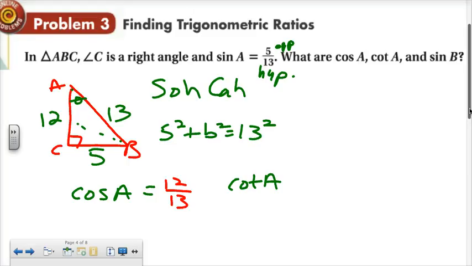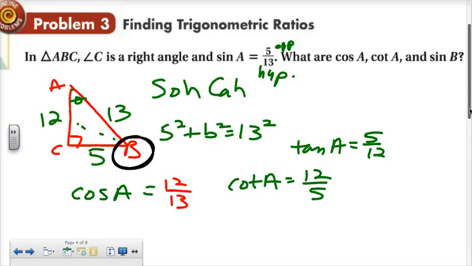So the tangent of A is opposite over adjacent, and that will be 5/12. So the cotangent is going to be 12/5. And then they want the sine of B. So now I need to switch position here and think about B as my new angle. And the sine of B, sine is opposite over hypotenuse, will now be 12/13.